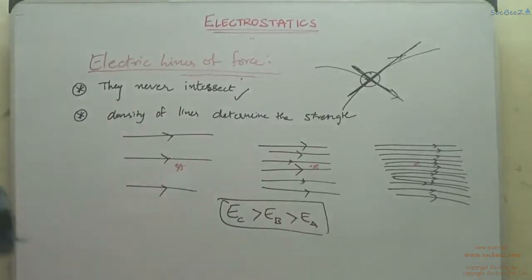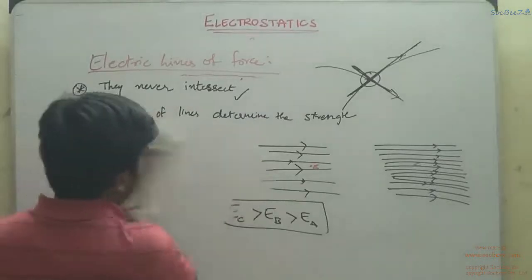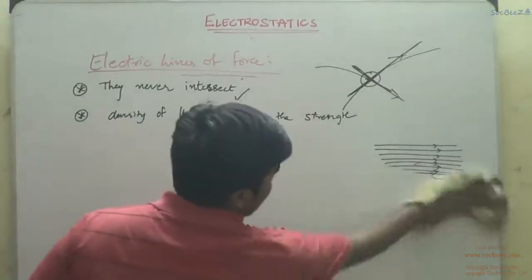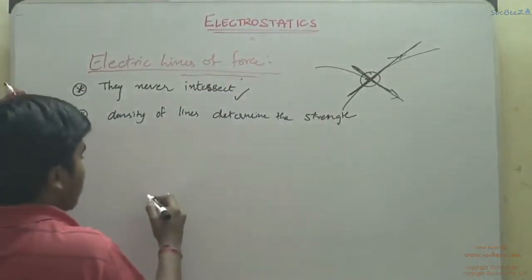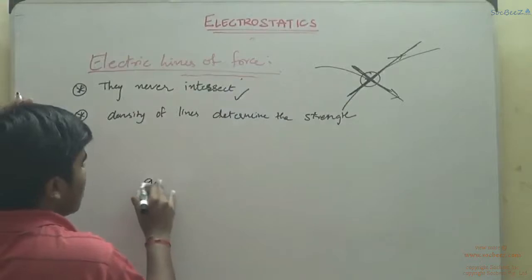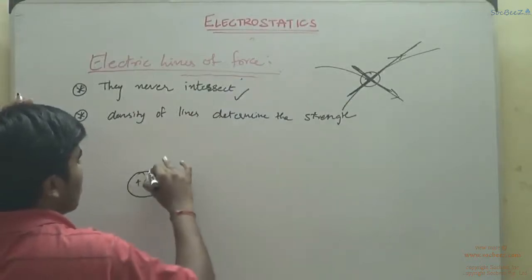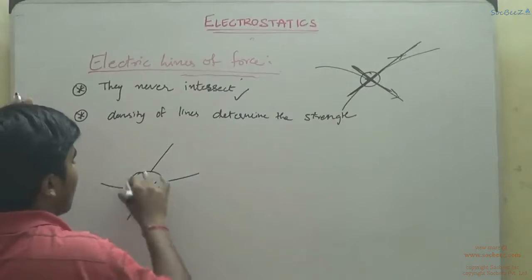Now, this also depends on the charge. A few examples I would like to give here. If there is a plus Q charge, suppose the electric field lines are going in this direction.